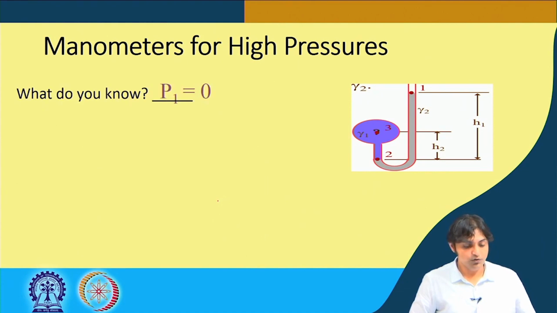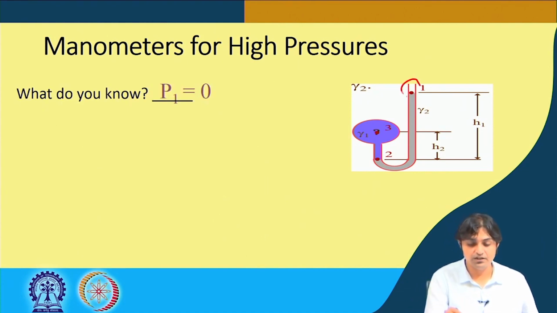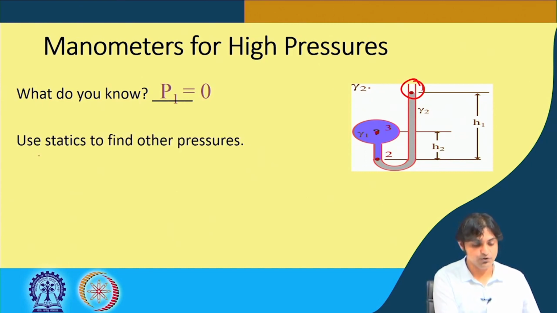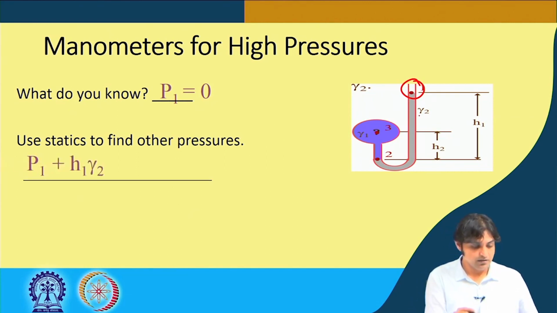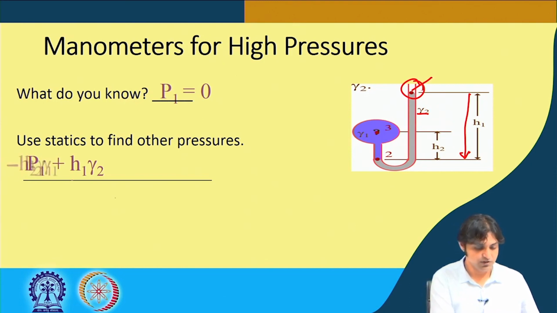So, what do we know? We know that pressure at 1 is 0 because this is exposed to atmosphere. We have to use statics to find the other pressures here. Okay. So, the pressure here is P1 plus H1, because in the same fluid the pressure is increasing in this direction, multiplied by the density, H1 gamma 2.